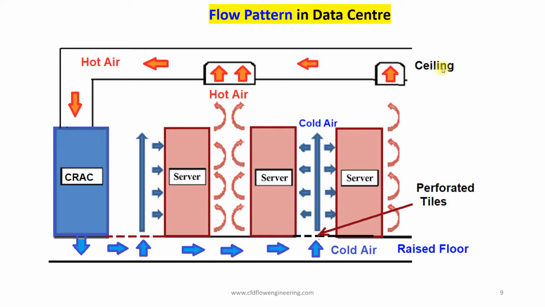Here you can see a ceiling is provided, and hot air is taken through an opening to the ceiling passage. This is called the ceiling passage, because it has to keep hot and cold air separated. Hot air rises upward and is sucked through the top hot channel, then it is taken back to the CRC unit where it is cooled.